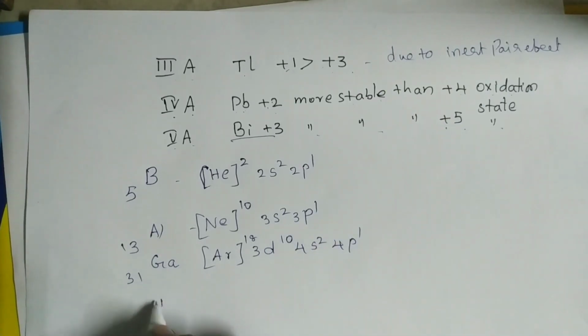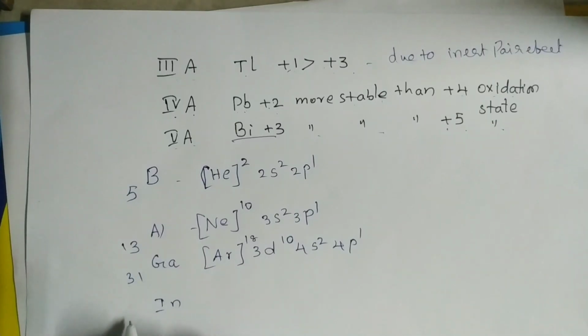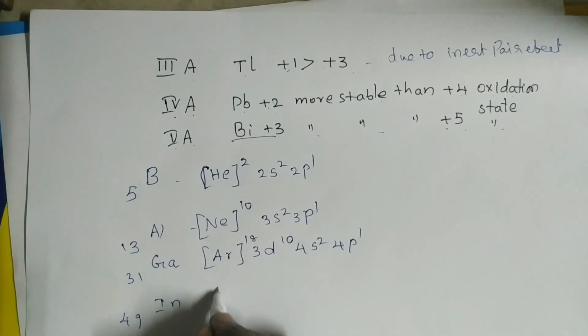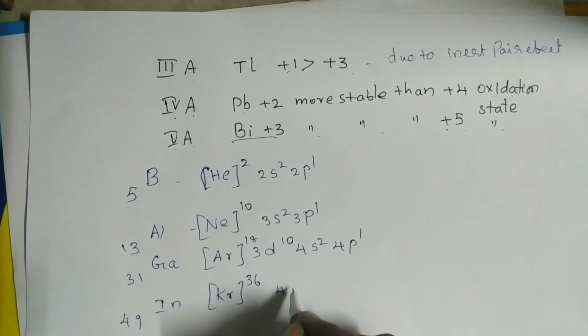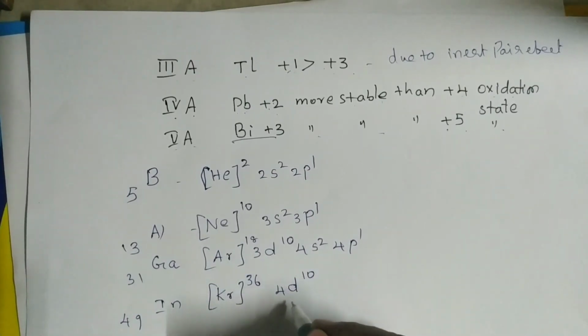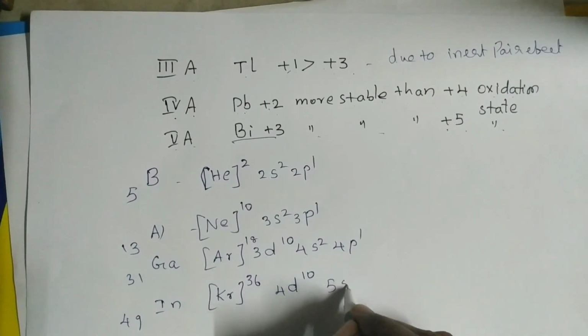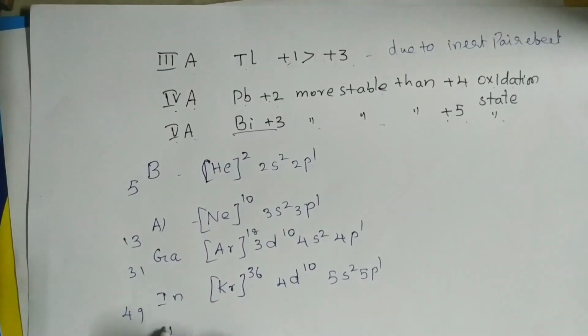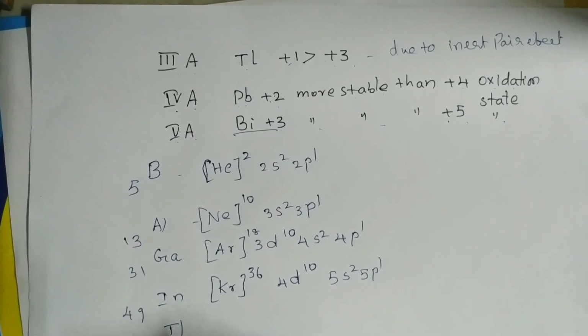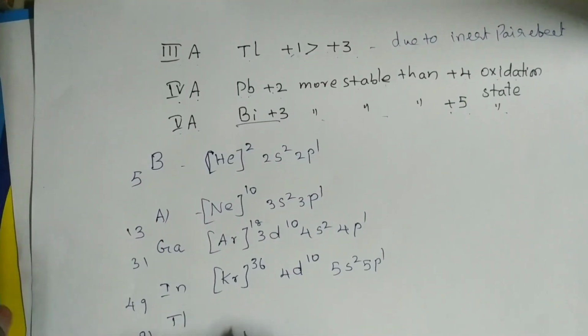Next you take indium. Indium atomic number 49. So we can say here krypton, 36 atomic number. Next, the fourth shell will come, 4d10 and 5s2 5p1. The next one is thallium, higher atomic size. This will be less stable.